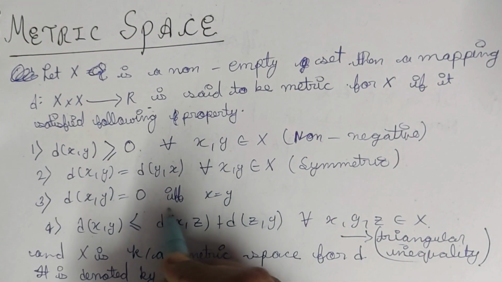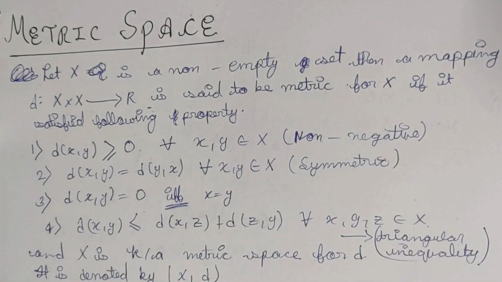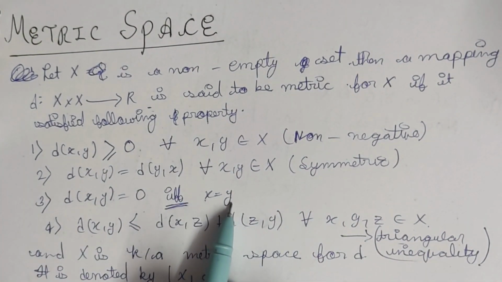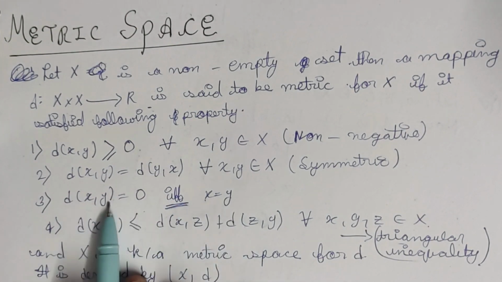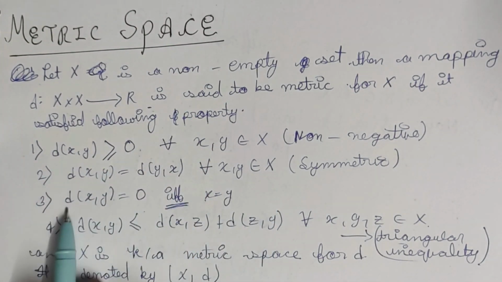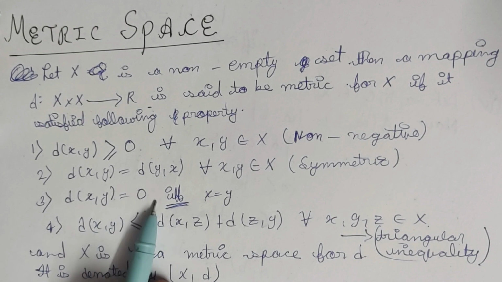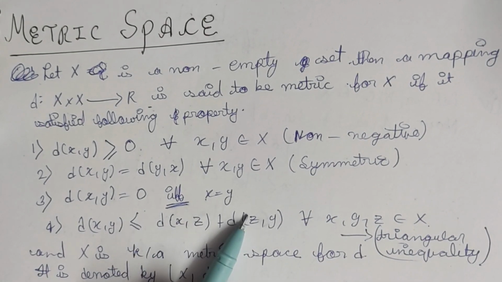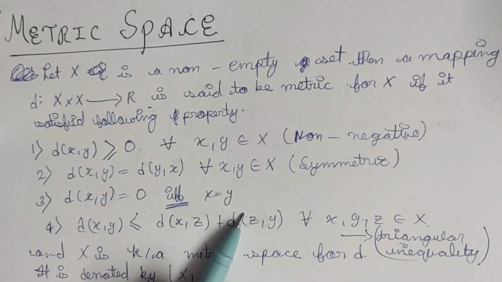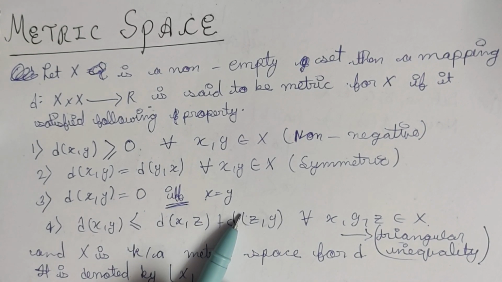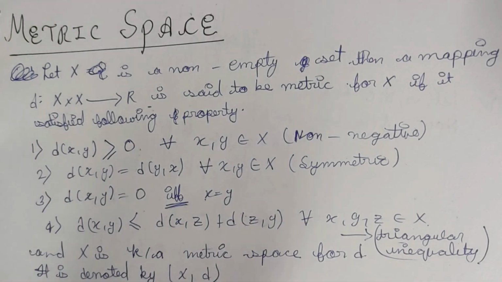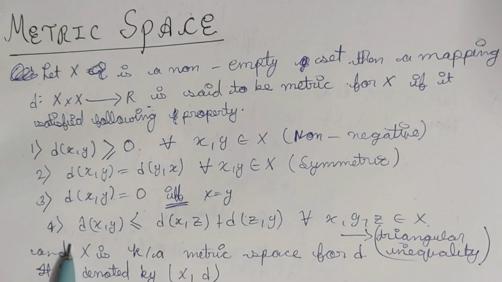Here, if and only if means that if x equals y, then d(x,y) equals 0, and if d(x,y) equals 0, then x equals y. That is, it is also a sufficient condition for X.